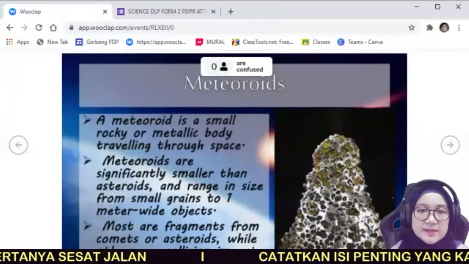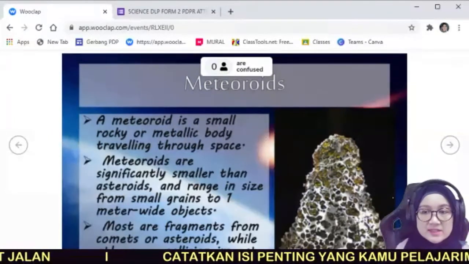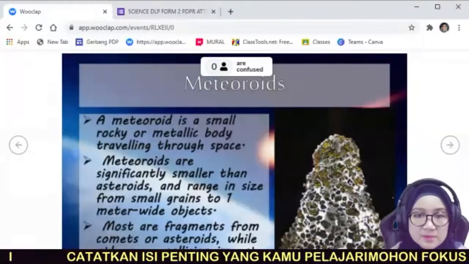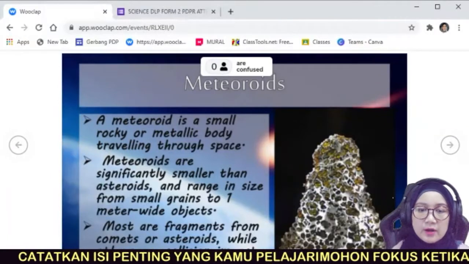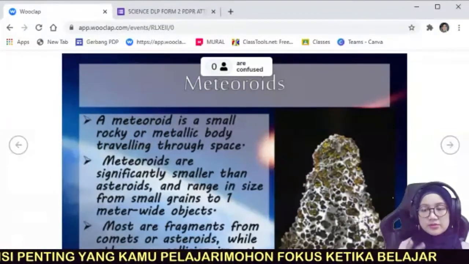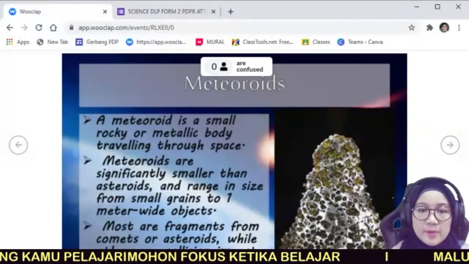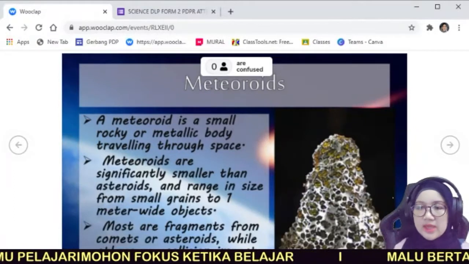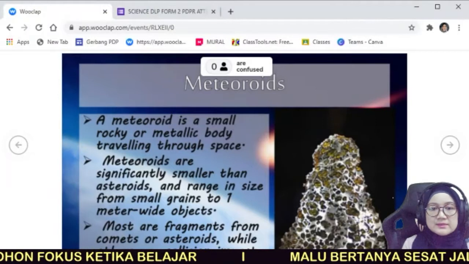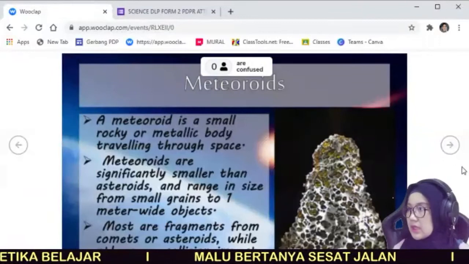Meteoroids are significantly smaller than asteroids, ranging in size from a small grain to a 1 meter wide object. If you compare size, a meteoroid is smaller than an asteroid. Most are fragments from comets or asteroids; they originated from a comet or asteroid. So when it becomes a fragment, it becomes a meteoroid. All right, next.